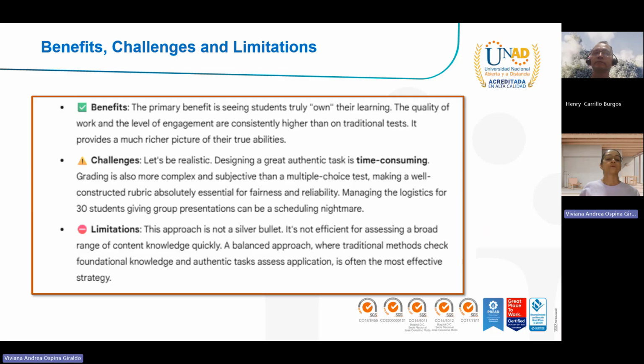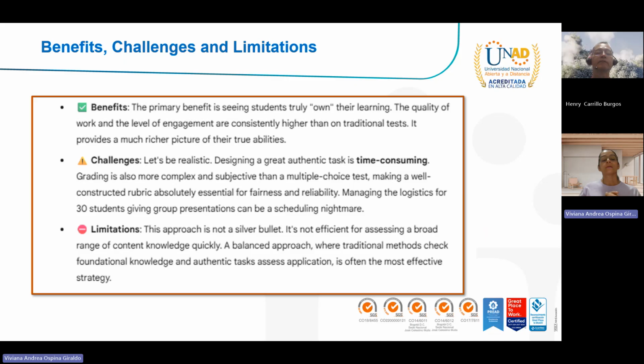We also have to do a lot of grading, which is more complex than just putting in a test, a true or false. But being able to construct this type of assessment with our students essentially will give them more benefits than detriments.